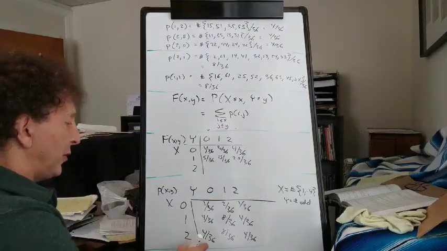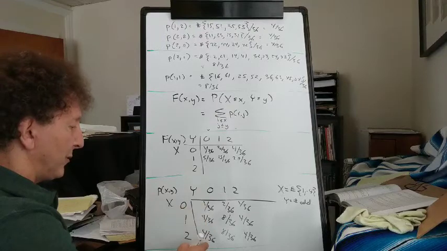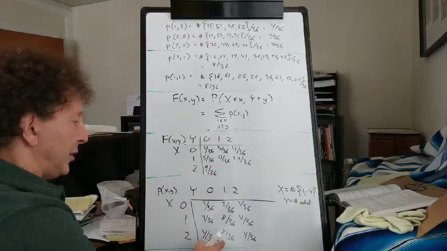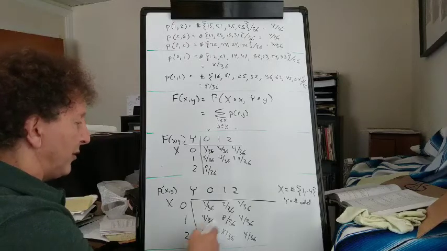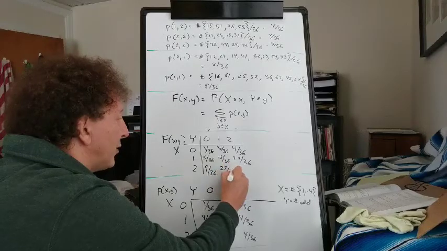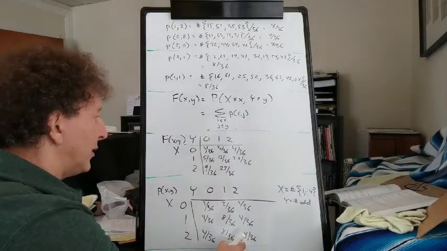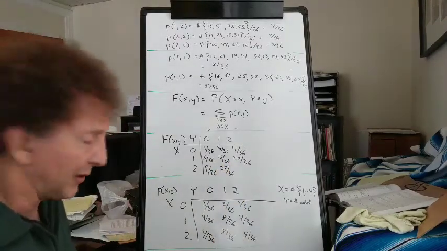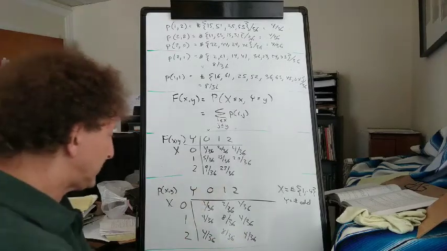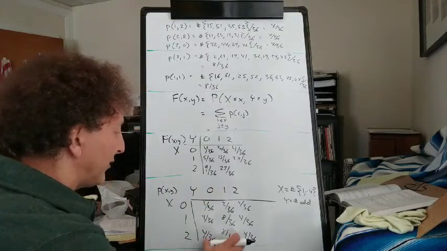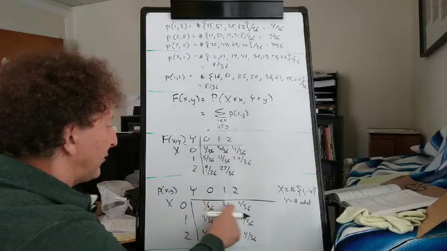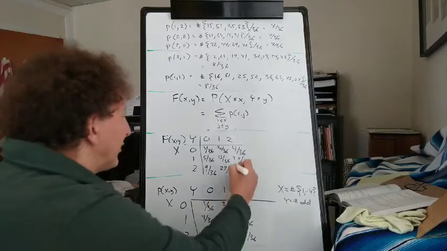For the 2, 0 entry, we have 4 plus 1 over 36, 9 over 36. Here we have 12 plus 12 plus 3, so it's 27 over 36. And here, hopefully we have 36 over 36, because everything is less than or equal to 2, 2. So 4, 8, and 4 is 16, 32, plus 4 is 36, 36 over 36.